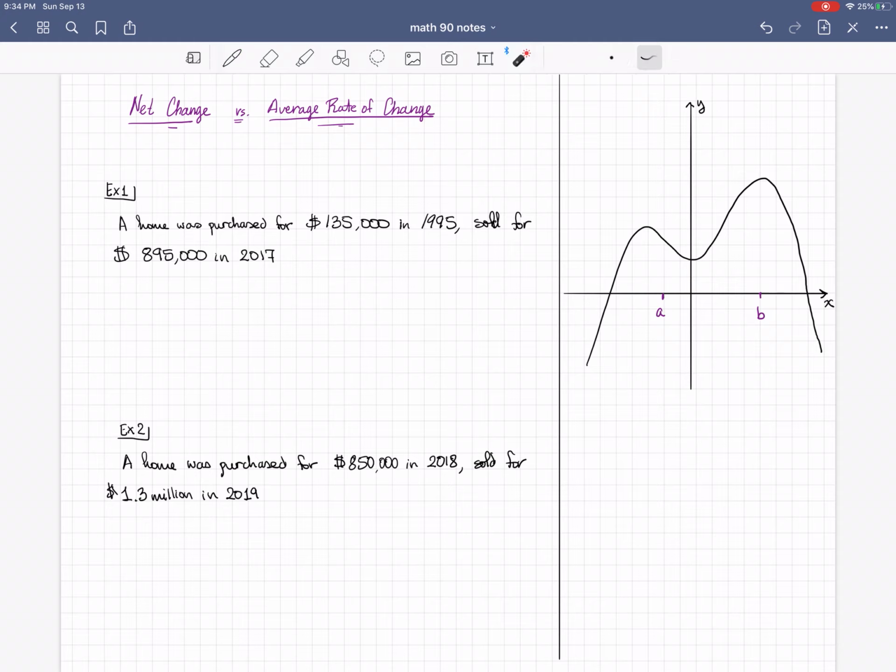In the first example, a home was purchased for $135,000 in 1995 and then sold for $895,000 in 2017.